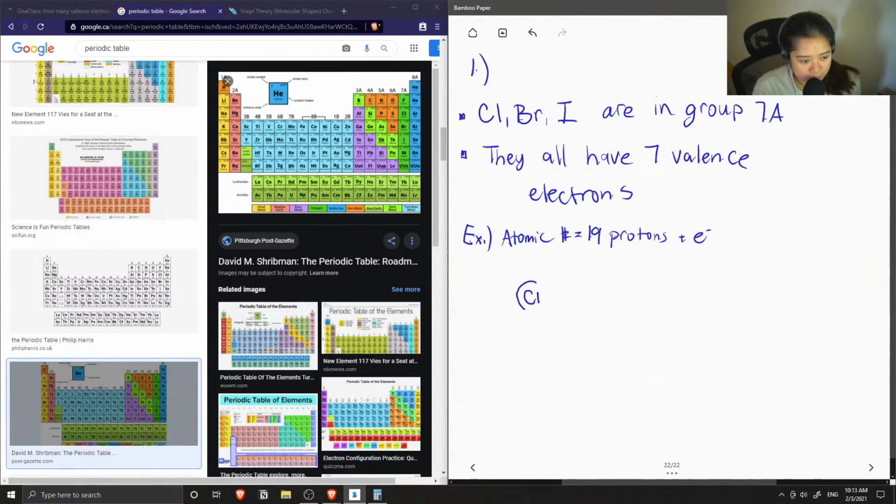So if we were to sketch out all of the electrons in these shells, we would have 2 in the inner shell, and then 8 in the next shell. So now we have 10 out of the 19.